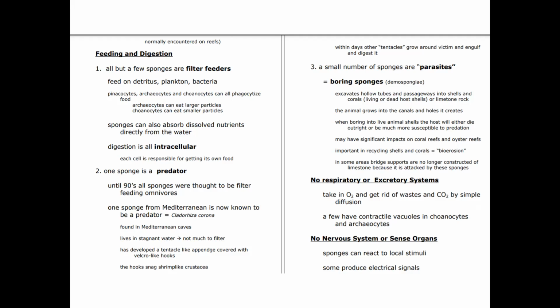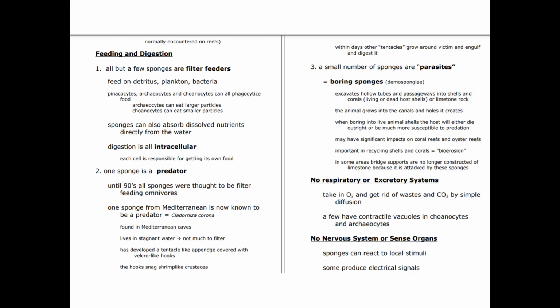When boring into live animal shells, the host will either die outright or be much more susceptible to predation. May have significant impacts on the coral reefs and oyster reefs, important in recycling shells and corals, that is bioerosion. In some areas, bridge supports are no longer constructed of limestone because it is attacked by these sponges.